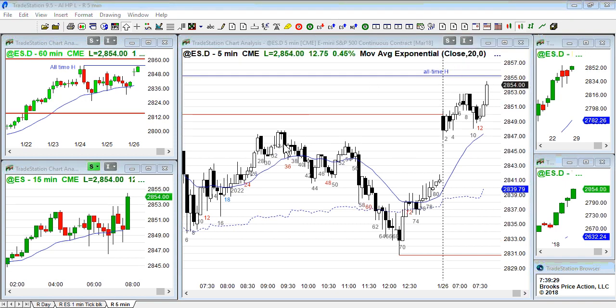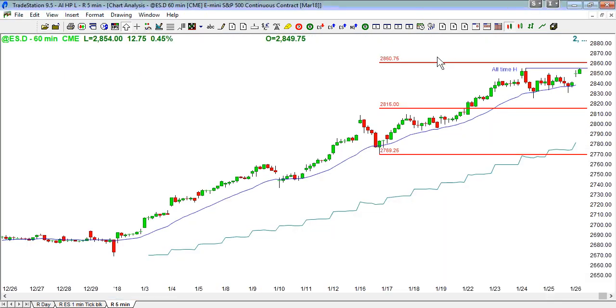Market trying to break to a new all-time high, and the 60-minute target is a little bit above that for the measured move. We have a wedge top, 1, 2, 3.